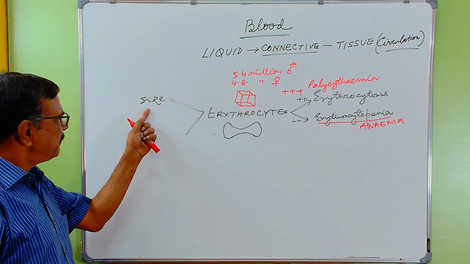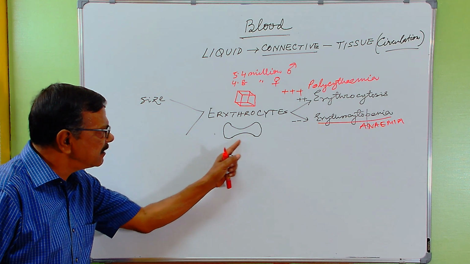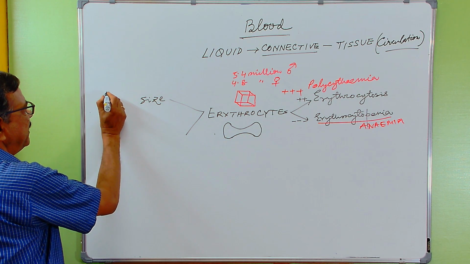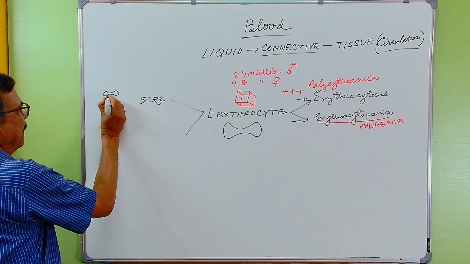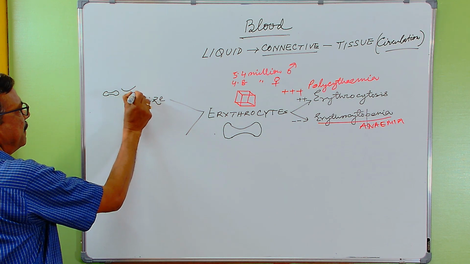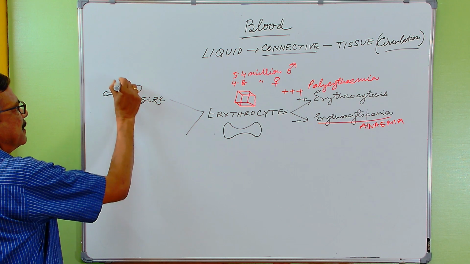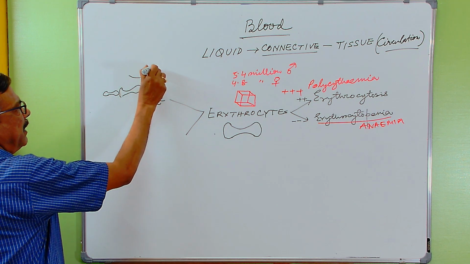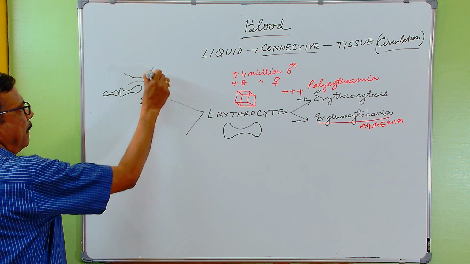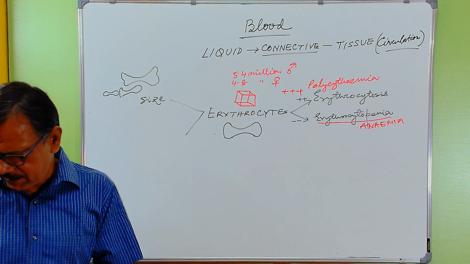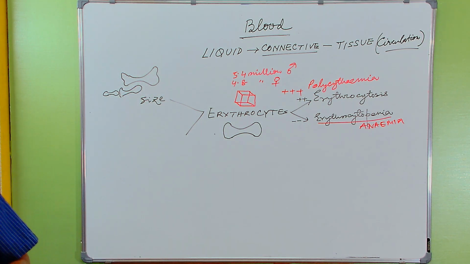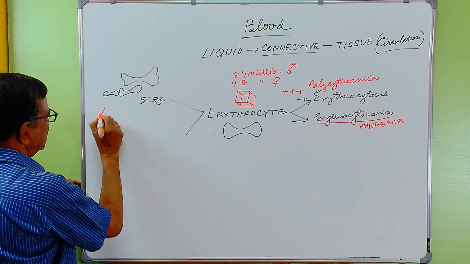Now, if the size of this varies, some size of this, some size of this, some size is even bigger. So variation in size. This variation in size is known as anisocytosis.